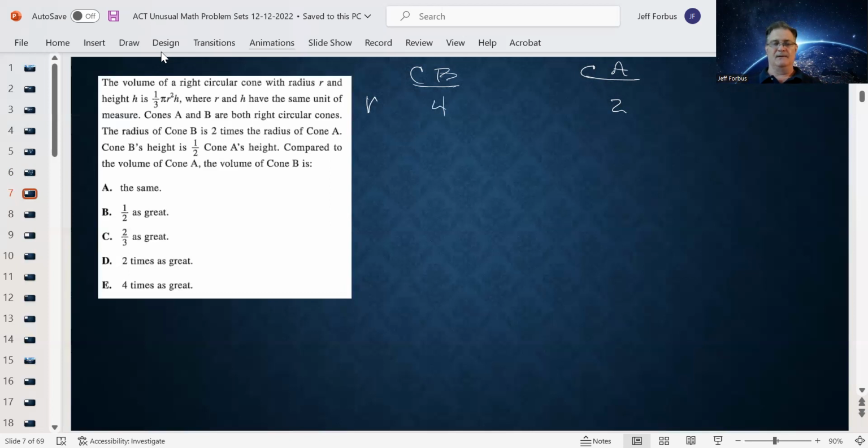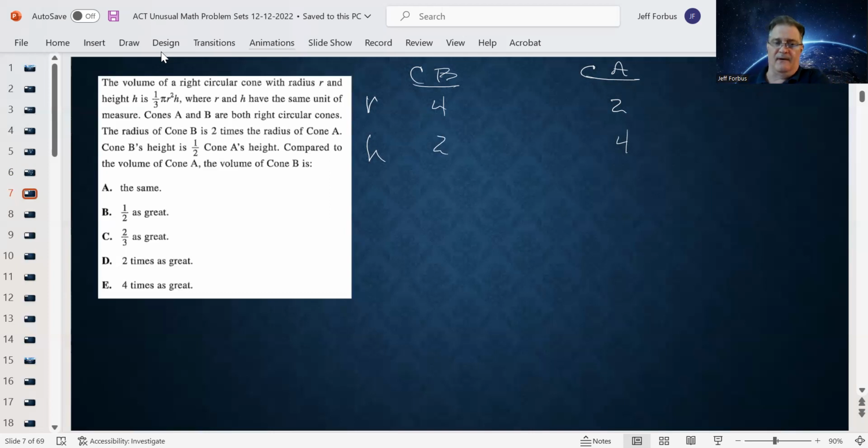Now you see what I did? I took their instructions and used some small numbers for us to use in this equation a little bit later. They go on and say cone B's height, h, is 1/2 cone A's height. Well, if cone A is 4 for the height, then cone B's height has to be 2.